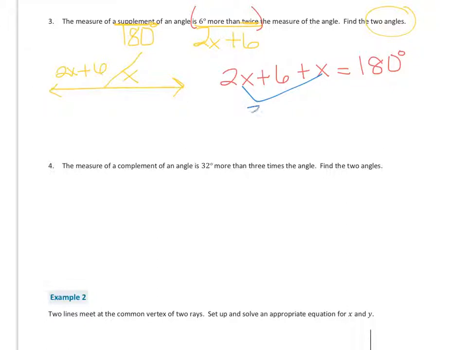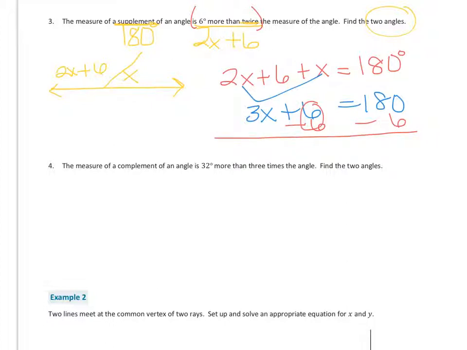So combine my like terms, bring down the 6 and the right side, two-step equation. Subtract 6 from both sides, 3x equals 174.